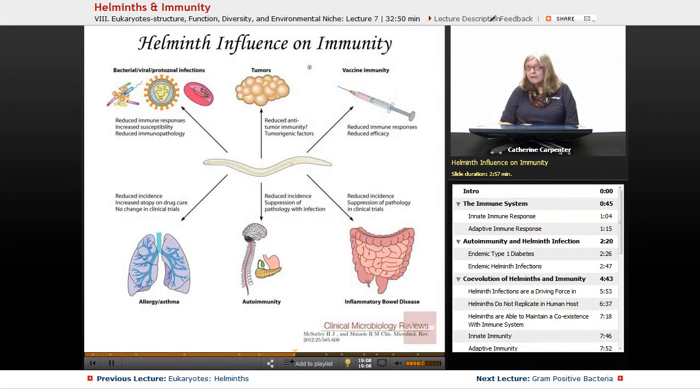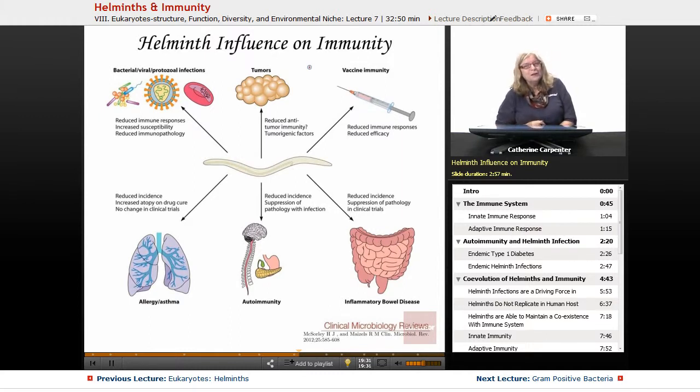So these are various ways, suggested ways, that the helminths can have a positive influence on immunity. In relationship to other bacterial, viral, and protozoal infections, just in life, right, with the good comes the bad.